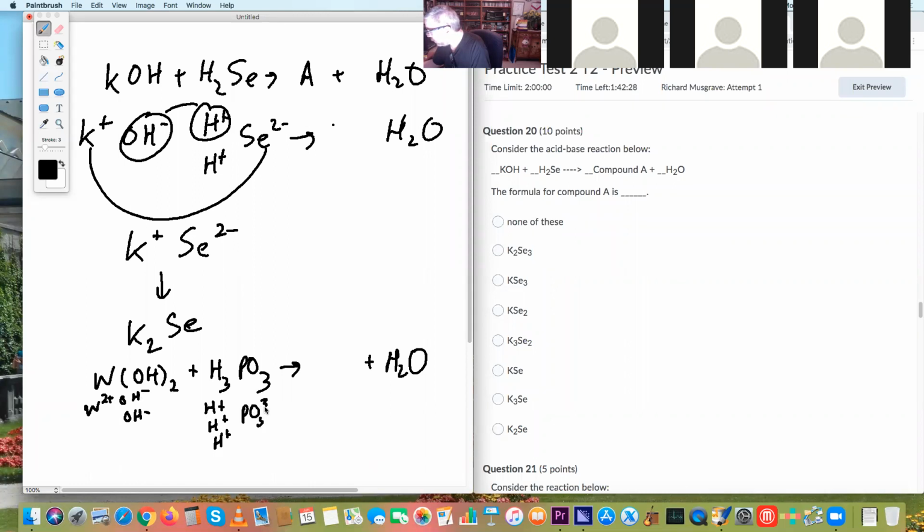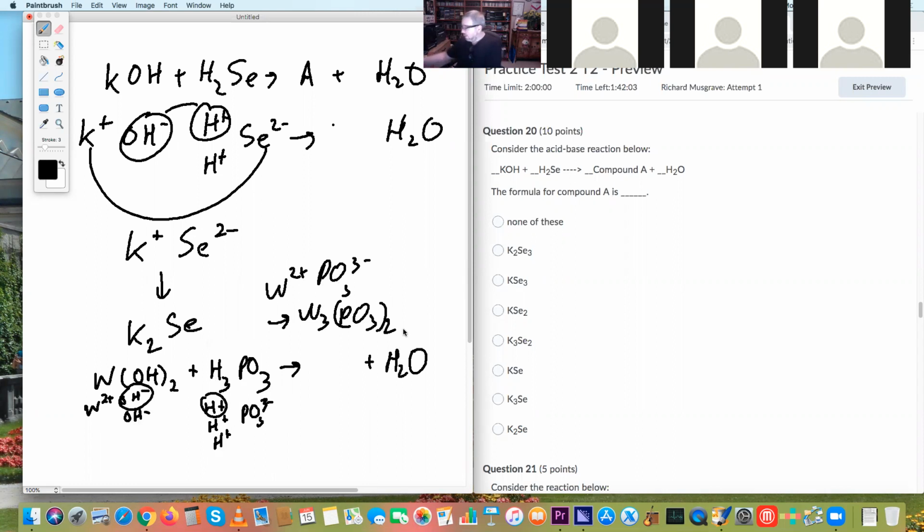Yes. So what we're working with here is the H plus and the OH minus. Yeah, that works together to give the water. Now the W 2 plus and the PO3 3 minus, those combine together to give W3(PO3)2.